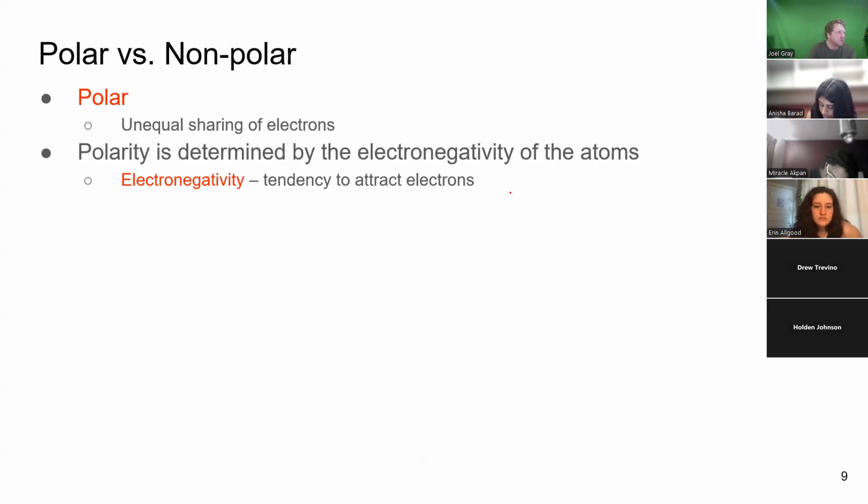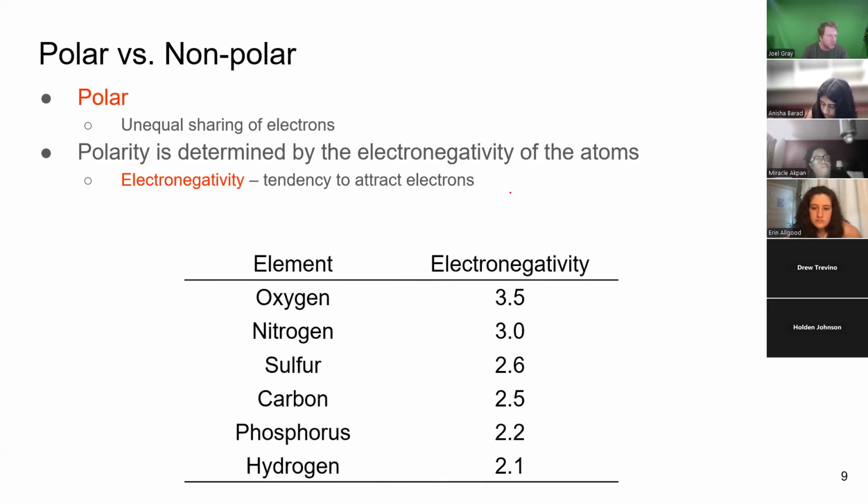So electronegativity is the tendency to attract electrons. Just to give you a little bit of a refresher, electronegativity values range from, I think francium is like 0.7 and fluorine is 4 or 3.9999 or something like that.